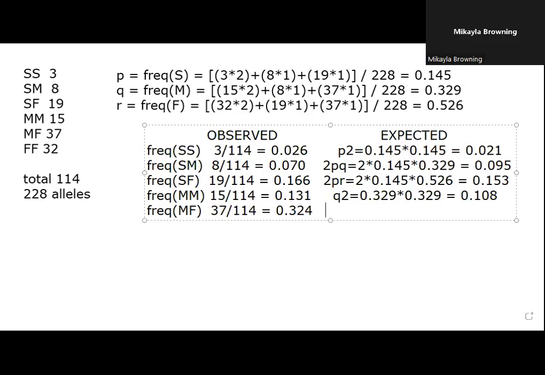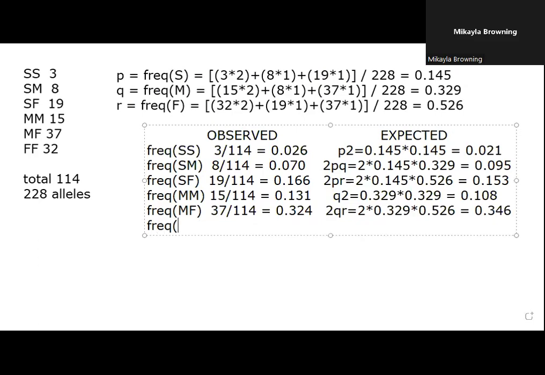The expected is going to be 2 times Q times R, which is 2 times 0.329 times 0.526. That's 0.346.